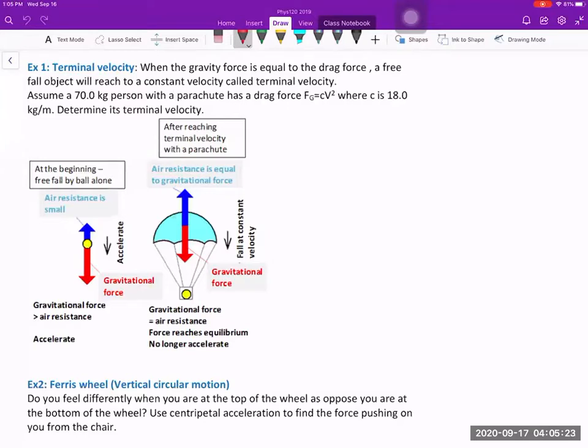You start with 0 velocity, then you gain velocity as you approach the ground. That's simply because of the acceleration, which is our g, 9.8. Every 1 second, you're going to increase your speed by 9.8 meters per second.